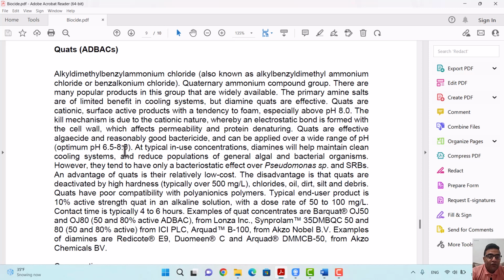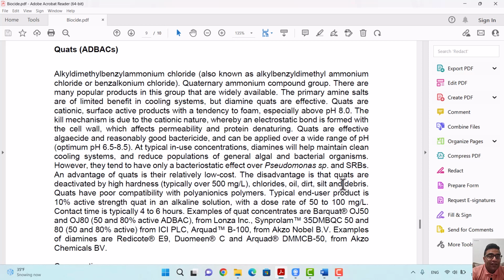Their advantage is that they are low cost, but their disadvantage is that they are deactivated by high hardness, chlorides, oil, dirt, silt, and debris. That's one of the bad things that happens to quats.